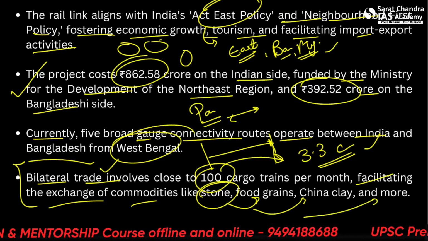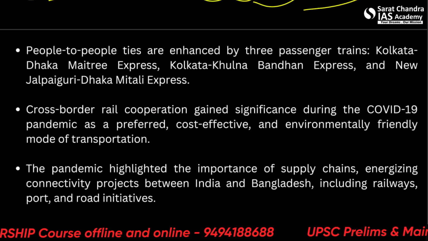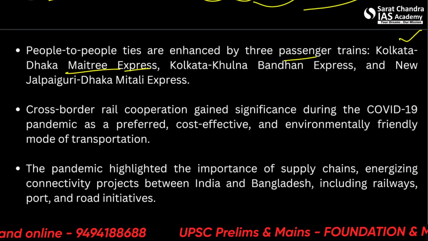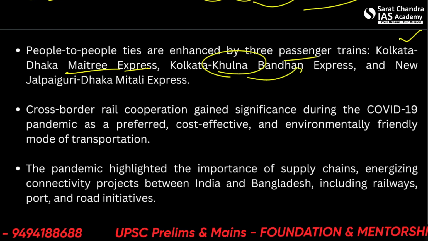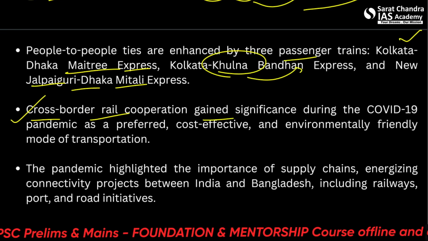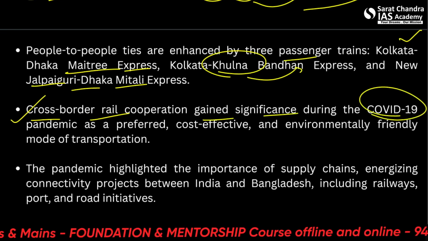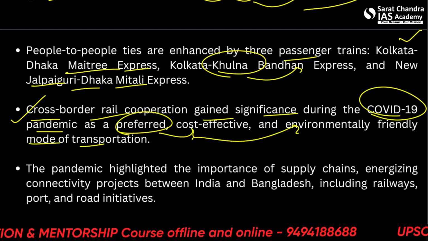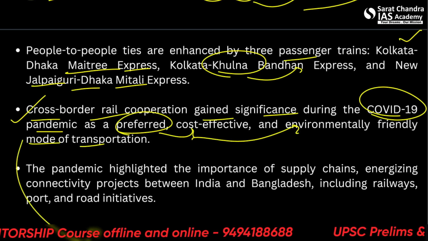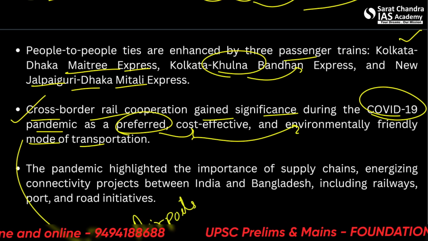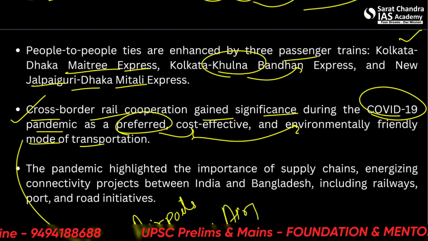Second thing is, people to people ties are enhanced by 3 passenger trains right now, which are the Kolkata Dhaka Maitri Express, Kolkata Khulna Bandhan Express and New Jalpaiguri Dhaka Mitali Express. Cross-border rail cooperation gained significance during the COVID-19 pandemic as a preferred, cost-effective and environmentally friendly mode of transportation, because airports and airplanes were closed.